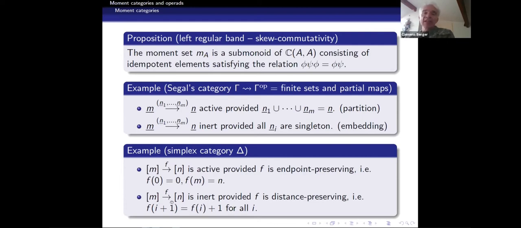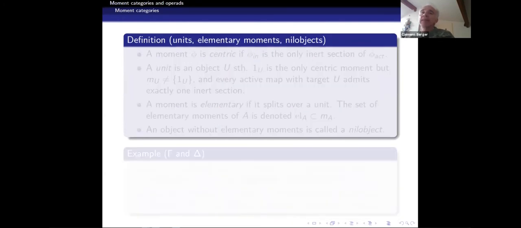So you can also say that an inert map represents an inclusion of a subinterval: f identifies m with a subinterval of n. Again, it is easy to check that this is a factorization system, and it is not the usual one. It is not epi-mono. It is really a different one, but it is very closely related to the factorization system of Segal's category Gamma.